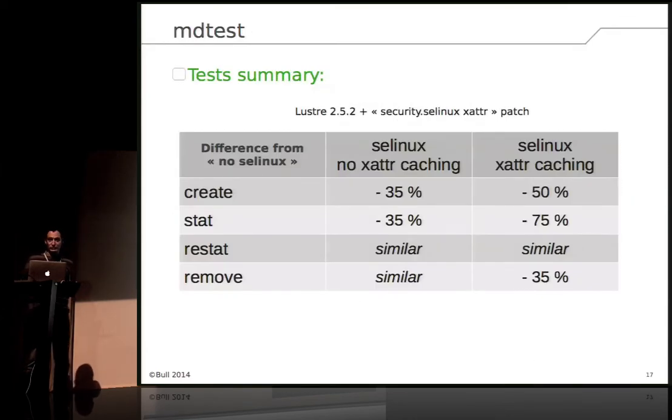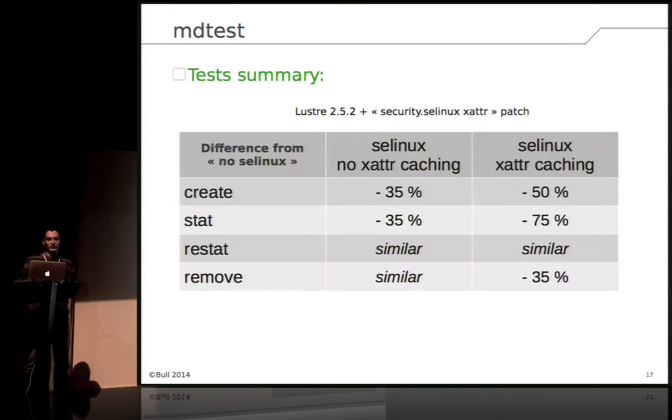The test summary is, of course, you may have understood that extended attribute caching does harm to metadata performance when we have SELinux enabled. So we could imagine to modify the extended attribute cache mechanism so that it does not try to cache the security information, just like it does at the moment with ACLs.